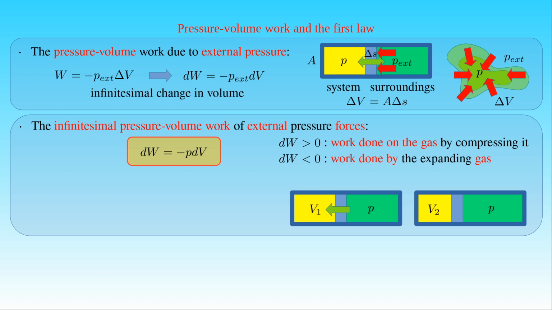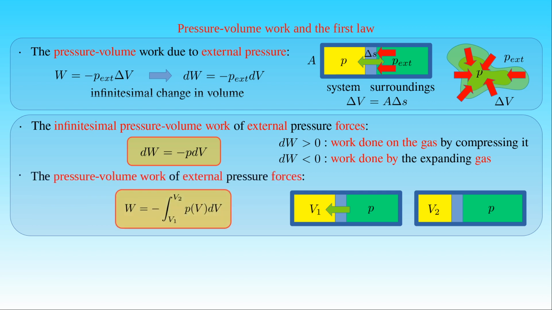Then the total pressure volume work W done on the system can be written as minus the integral of the external pressure P over the volume V of the system between the initial volume V1 and the final volume V2 of the system. Here we write the external pressure P as a function of the volume V of the thermodynamic system, that is, we suppose that the pressure of the substance representing the surroundings may depend on the volume of the system. That is the case in the example, where the wall separating the system from the surroundings is moving in a cylinder of a fixed volume.